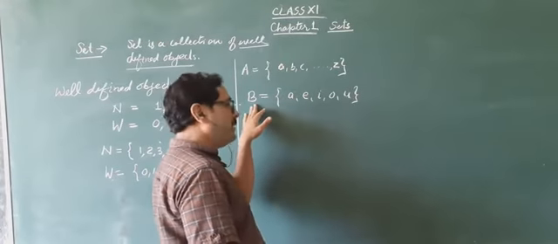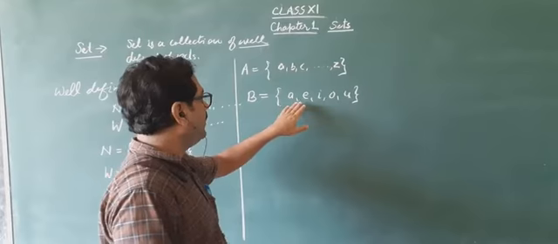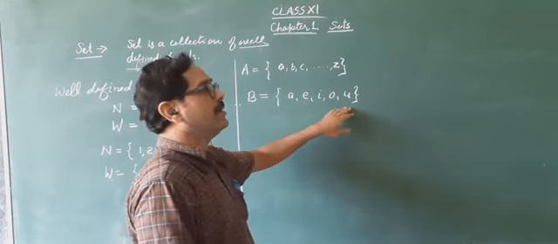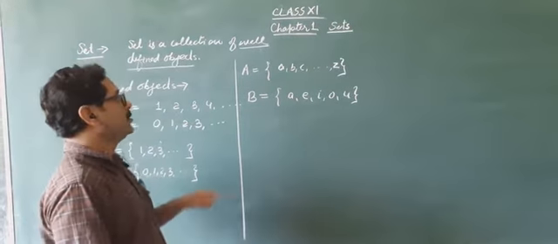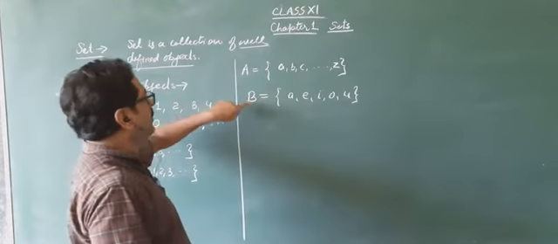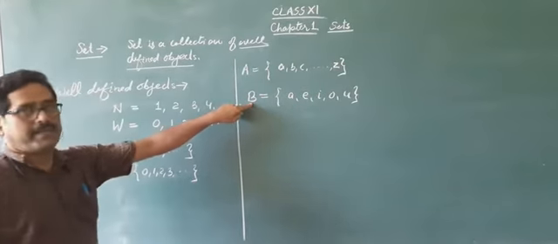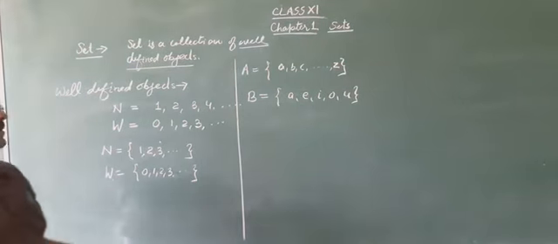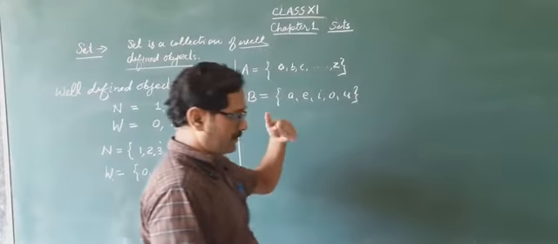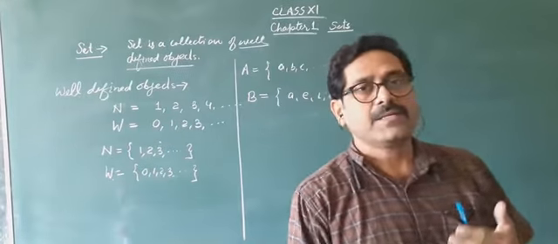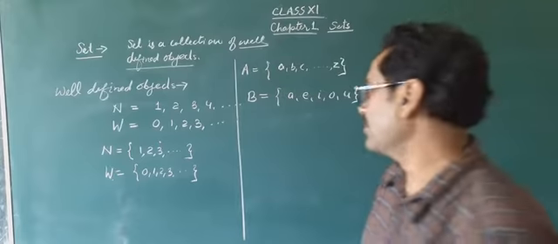B is a set and a, e, i, o, u are the elements. So we represent sets in capital letters and elements in small letters generally.